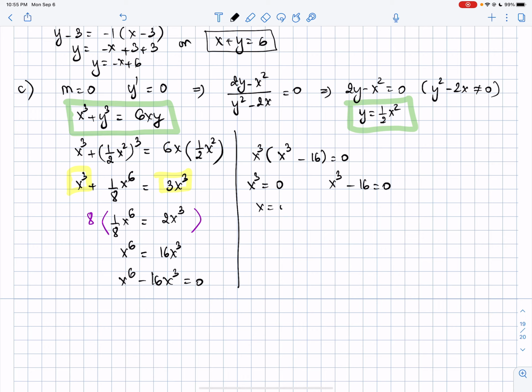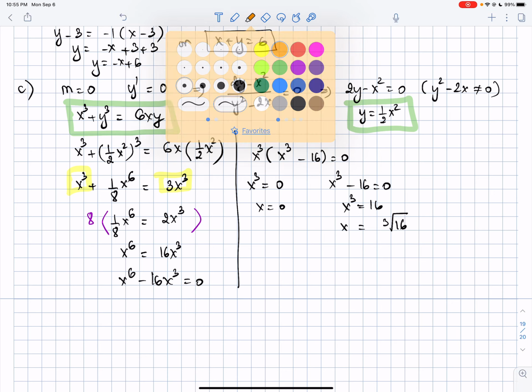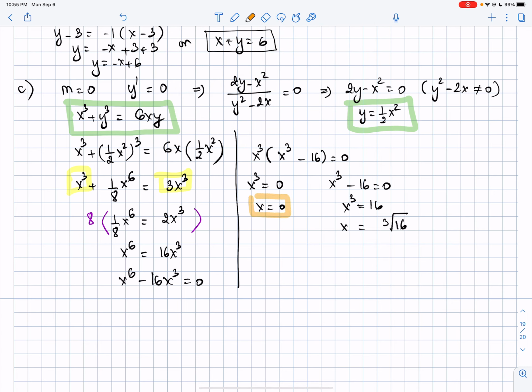So this gives you 0 for the first equation. For the second equation, we will take the cube root of both sides. So we get the cube root of 16. So x equal to 0 is not in the first quadrant, it is on the axis, so we just have to eliminate this one.